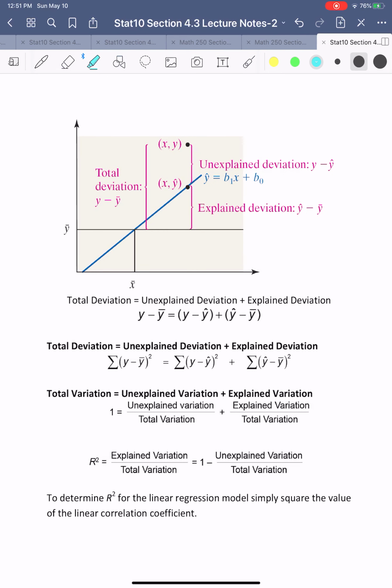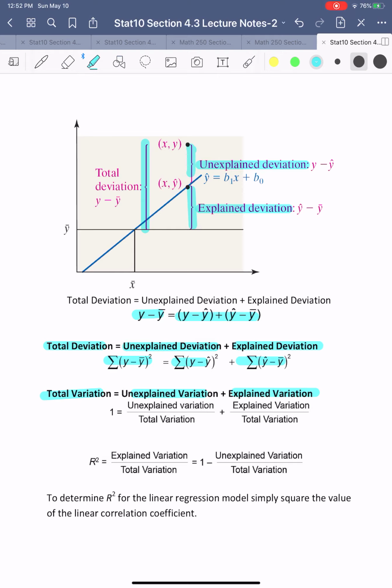On the graph, the unexplained deviation is from here to here, the explained deviation is from here to here, and the total deviation is y minus y bar. Total deviation is unexplained deviation plus explained deviation, and this holds for every point. Likewise, total variation is unexplained variation plus explained variation.